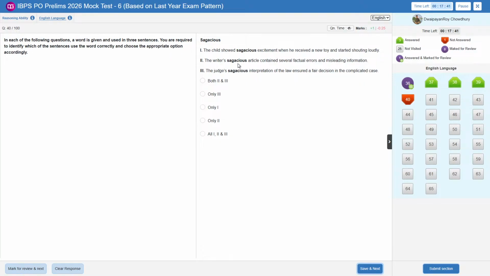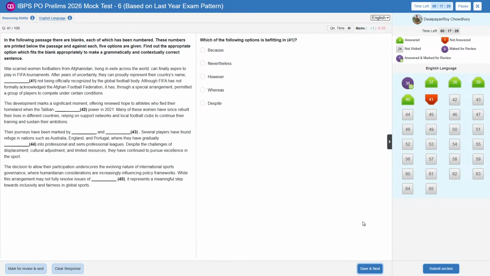No. The writer's sagacious article contained several factual errors. No. The judge's sagacious interpretation of law ensured a fair decision. This is correct. So correctly used is asked. So three. Okay, so I think I should skip this one right now.